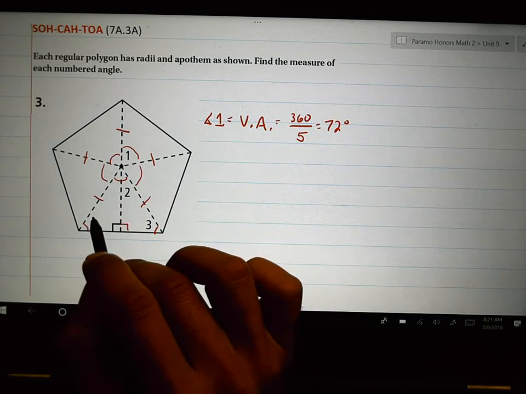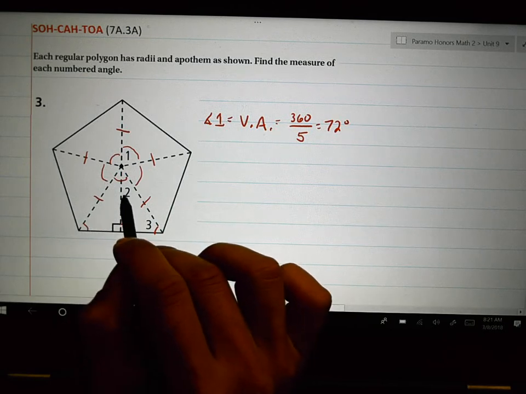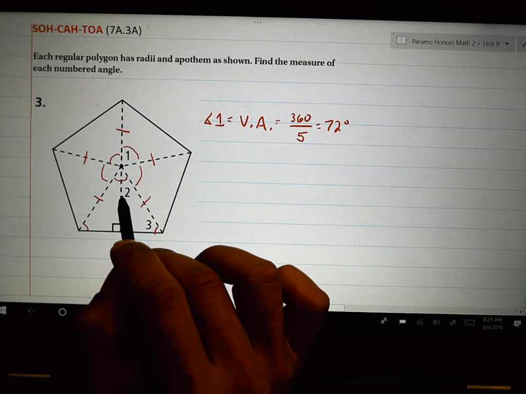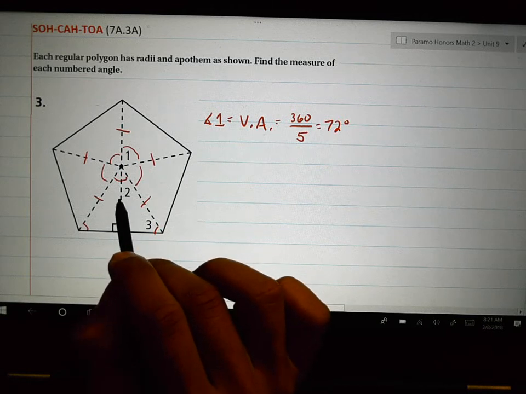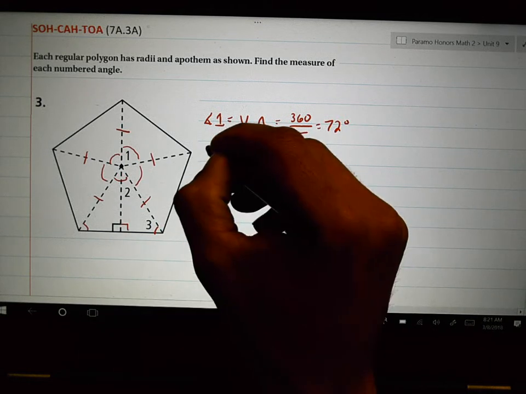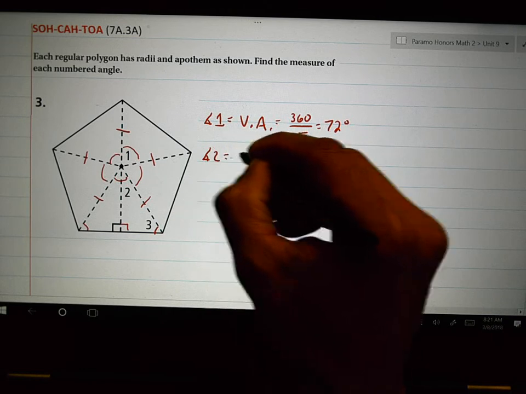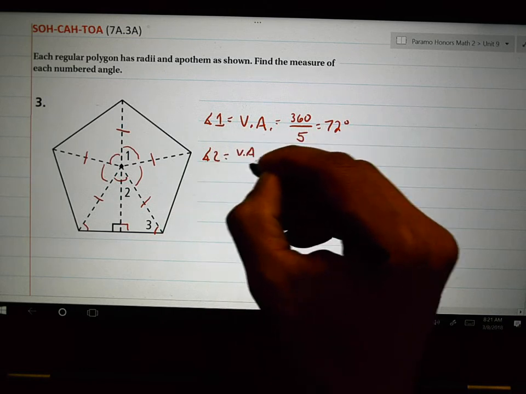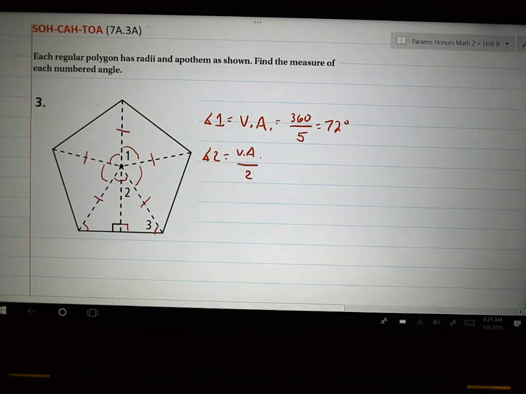Because they are congruent, that tells me that angle 2 has to be half of the vertex angle. Whatever my vertex angle is, if I cut it directly in half, that's going to be what angle 2 is. Think of that apothem as cutting it right down the middle into 2 congruent pieces.